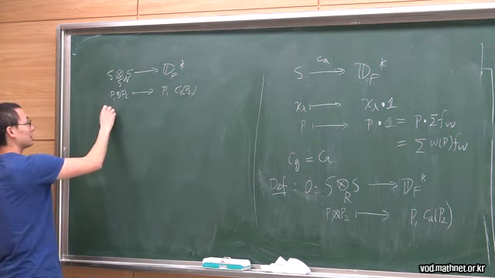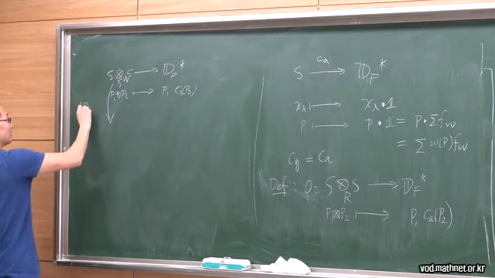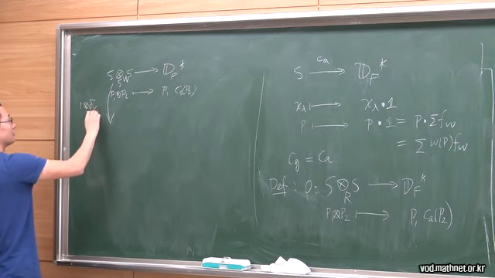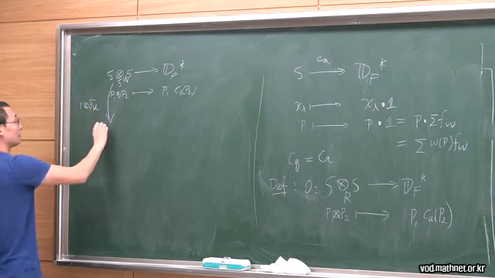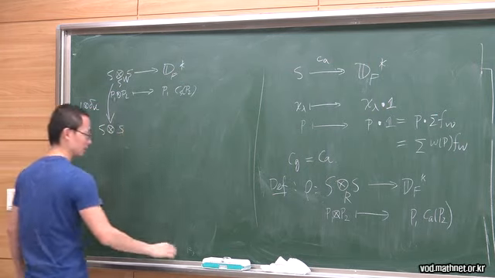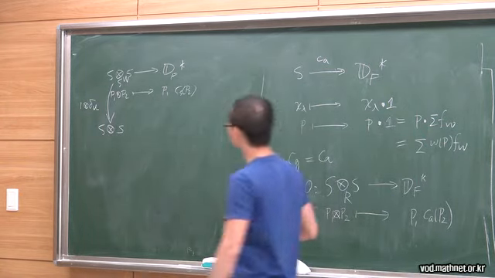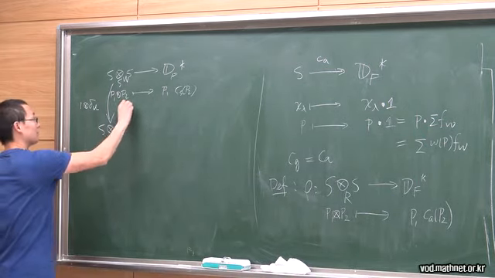So, for instance, if you have one group element, so one tensor delta_u tensor S, this element is mapped to what?